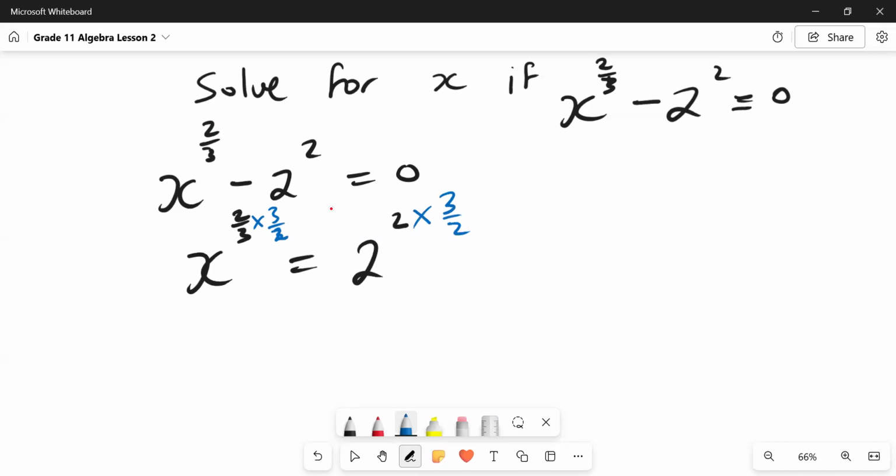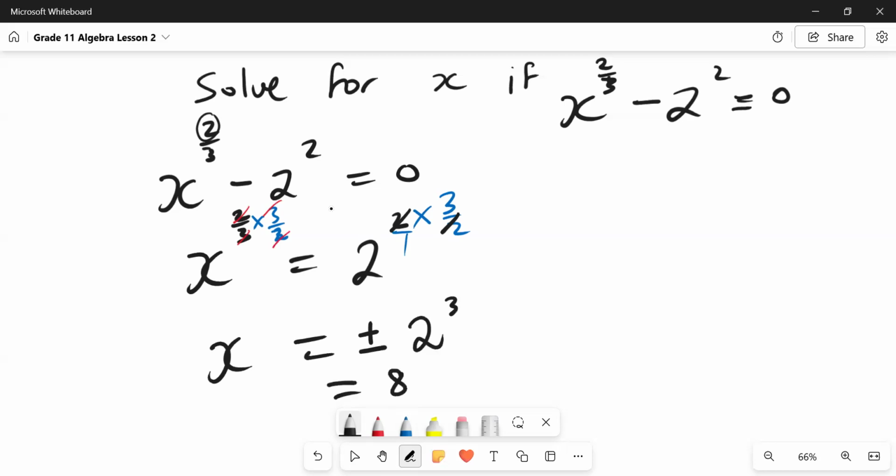And then from here, these will cancel, right? x is equal to, now these two cancel, but because P was an even number, your final answer will have two solutions. So this is plus or minus 2 to the power 3, which is equal to 8. That's your x. Then we're done with that example.